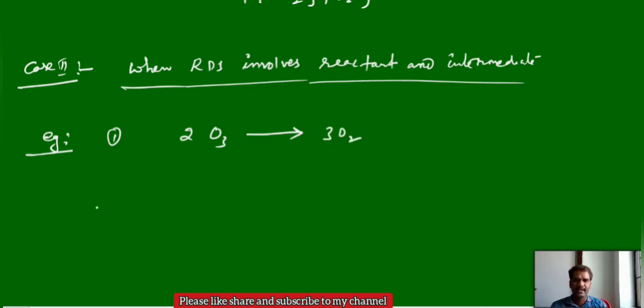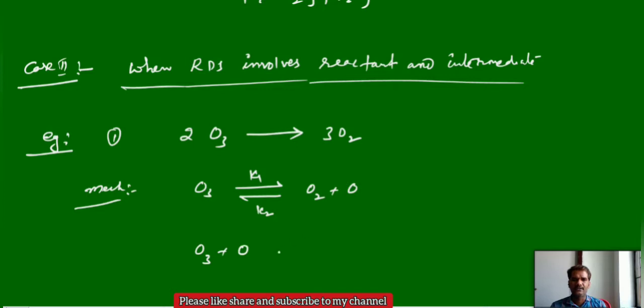This is an overall reaction for this mechanism. In the first step, O3 can give, this is a reversible reaction, O2 plus O. In the second, again O3 can react with this nascent oxygen and can give 2O2.